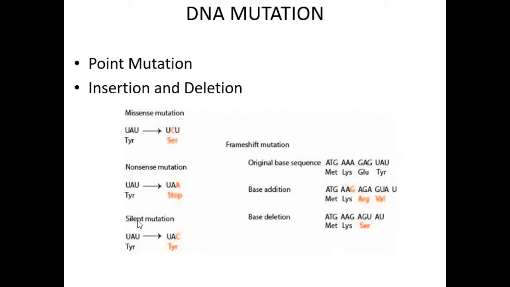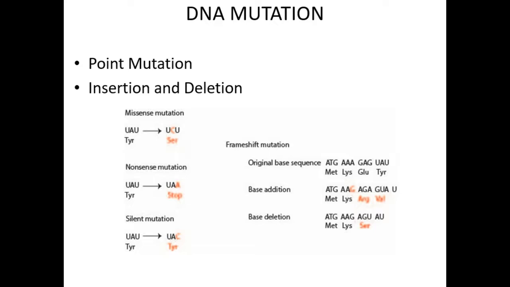But if you change A to C or A to T, that's a transversion, because it's purine to pyrimidine. That's the base substitution, the point mutation.